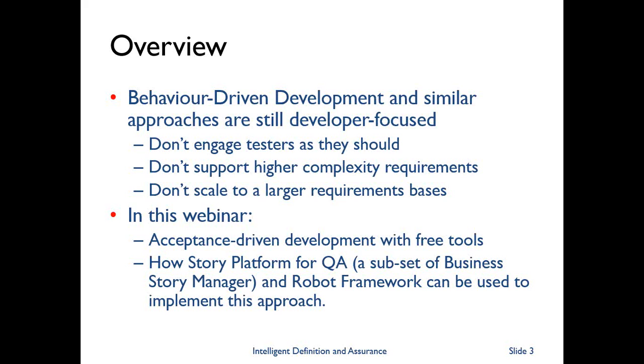In effect, they provide the connection between stories and test automation code, but because the developers kind of own that process, that transformation, the stories tend to be managed by the developers themselves. So the tools are developer-focused. The approach to date has been rather too developer-focused, and because they are geared towards driving development through stories, every story is kind of an independent piece of work, if you like.